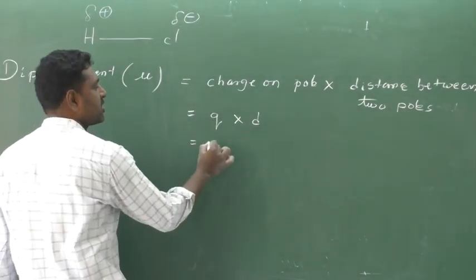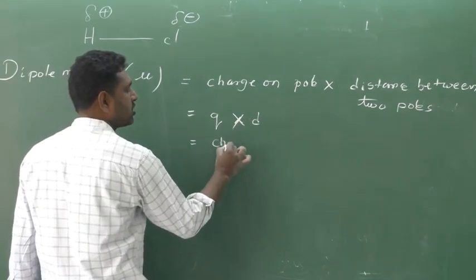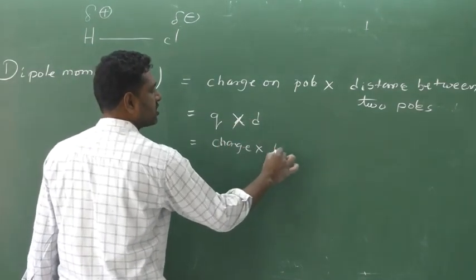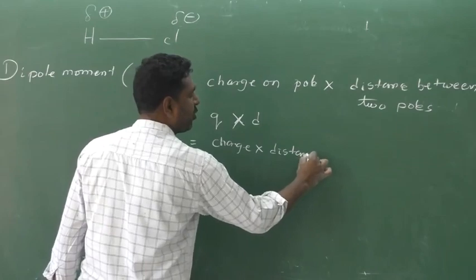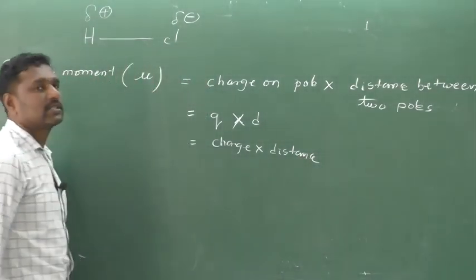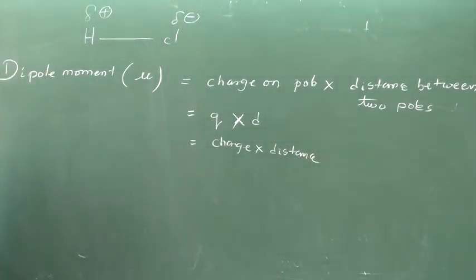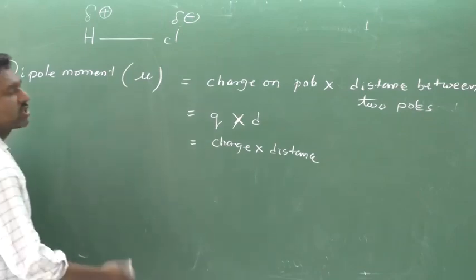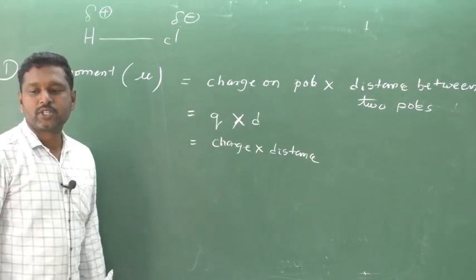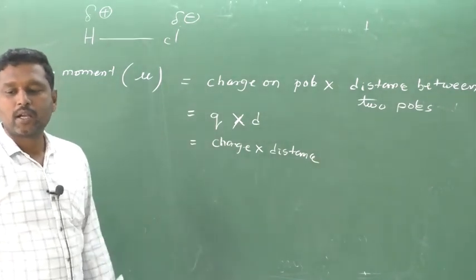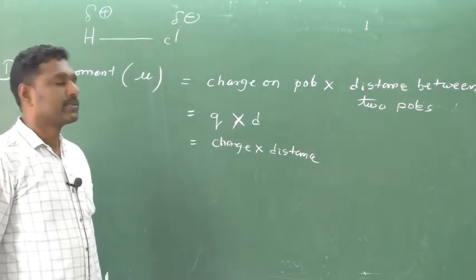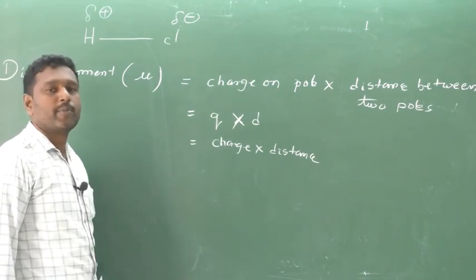So simply, the product of charge and distance of a polar molecule is called dipole moment. The product of the charge on one pole and the distance between the two poles is called dipole moment.